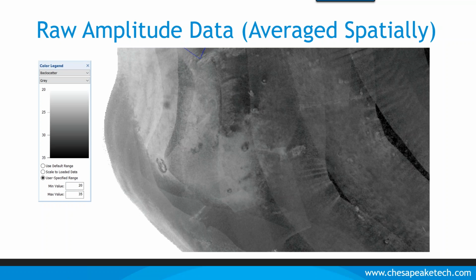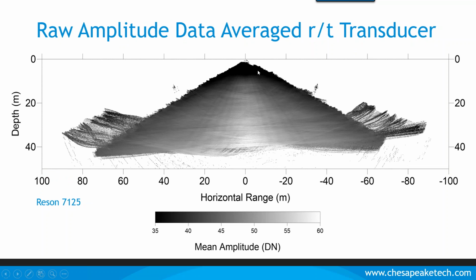What if instead of trying to isolate the seafloor returns, we try to isolate the artifacts and eliminate the seafloor? In order to do that, we need to have a way of plotting the same amplitude data in a way that it holds the artifacts steady, but the natural variation in the seafloor goes away. So you take the exact same amplitude data and now you plot it like this.